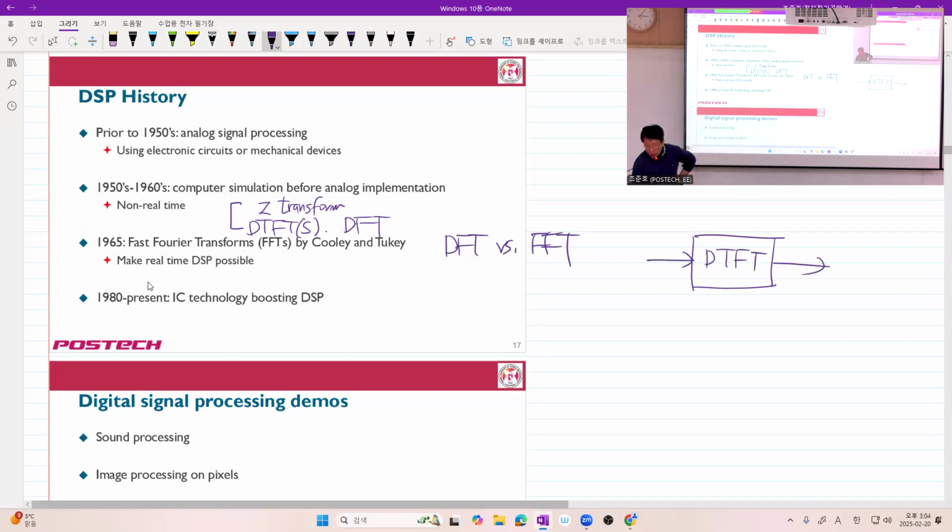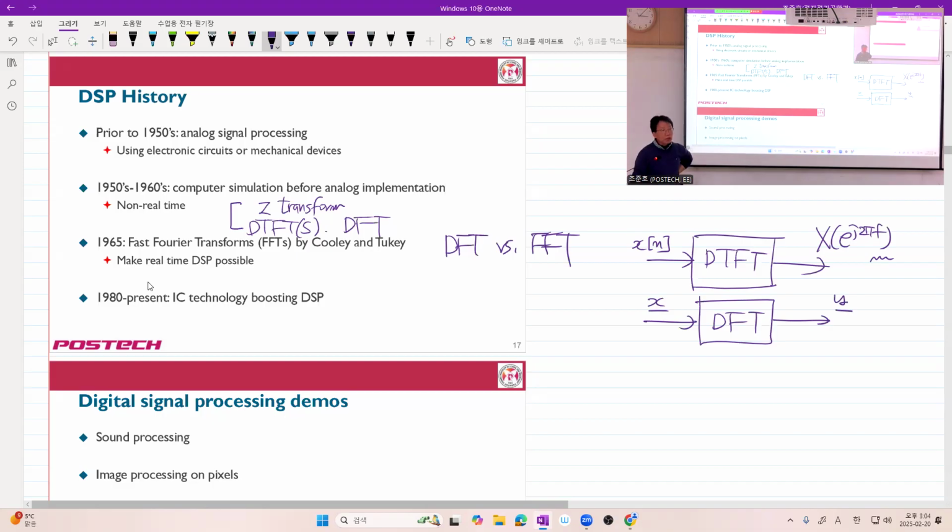The DTFT, discrete time Fourier transform, accepts a discrete time signal and generates a periodic signal with period 1. Okay? This is a function of f, which means hertz. And the DFT, discrete Fourier transform, accepts a vector of finite length and generates another vector of the same length.